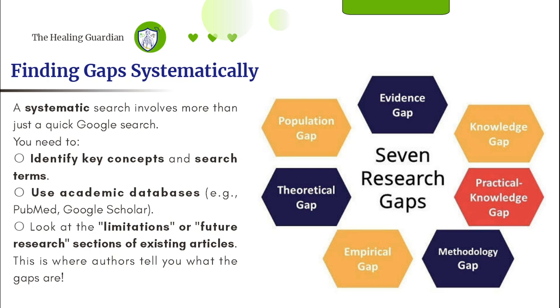Number two, use academic databases like PubMed and Google Scholar, because they are rich with many research papers. And number three, you look at the limitations or the future research sections of existing articles. Many times the discussion section of a research paper is like a treasure map to new research questions.